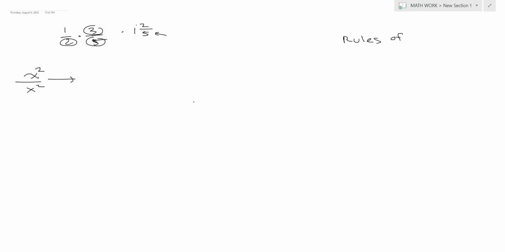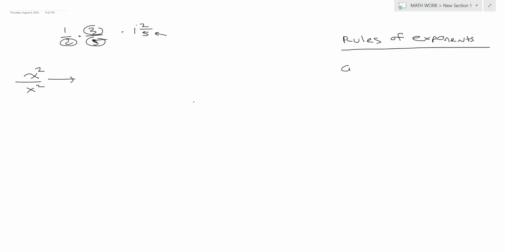The reason why I introduce these now is because they're fundamental when multiplying and dividing. Not fractions, but variables, anything with exponents.